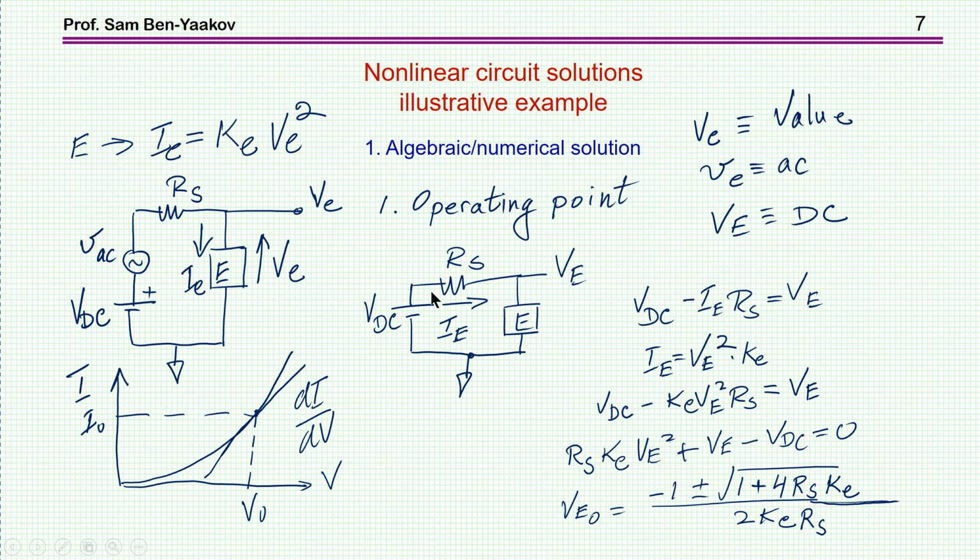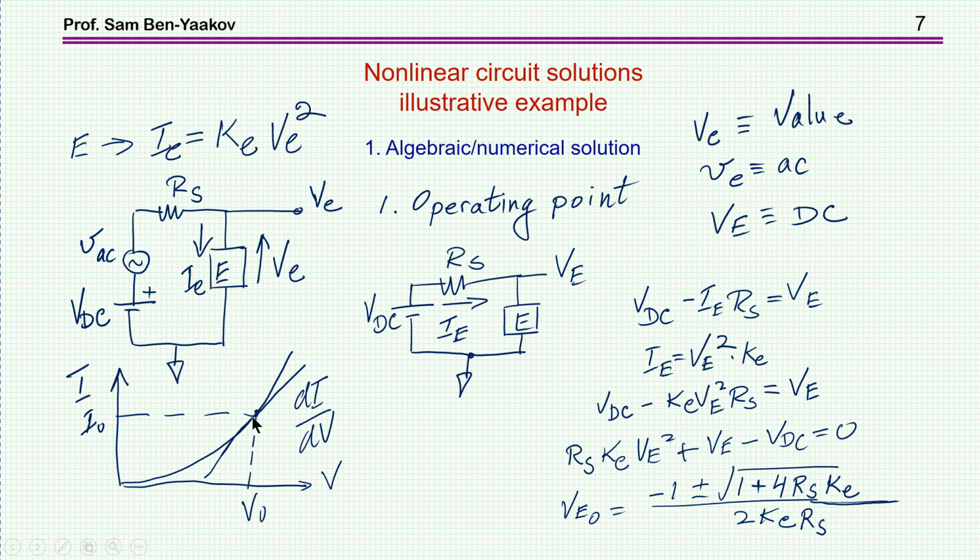So here we have only DC component. So this is the current DC, this is the voltage, and we can now solve this equation by, say, KVL. Here we have VDC minus the drop on this resistor is equal to VE, and we know the expression for IE, that's the expression, and then I can plug it in, and I'm getting a second order equation, and this is the solution.